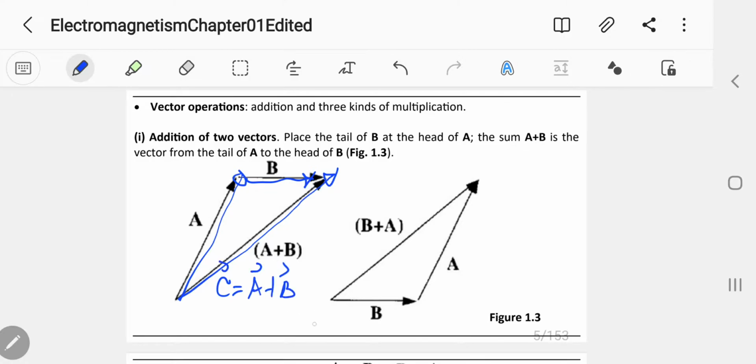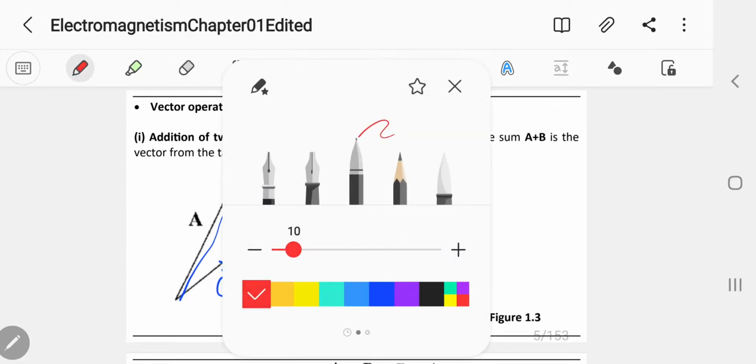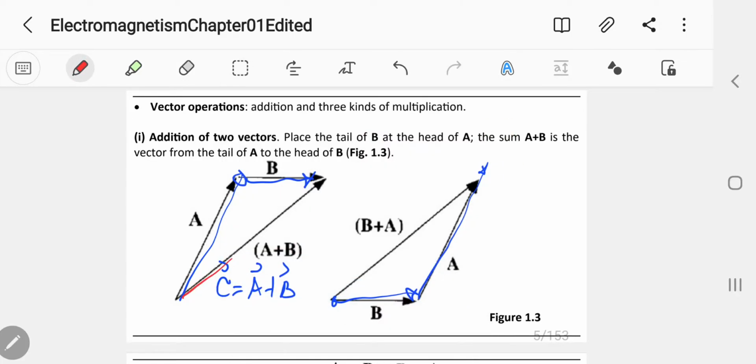In this case, you put the vector B first here, and then later on you added A, and you got the same resultant here.